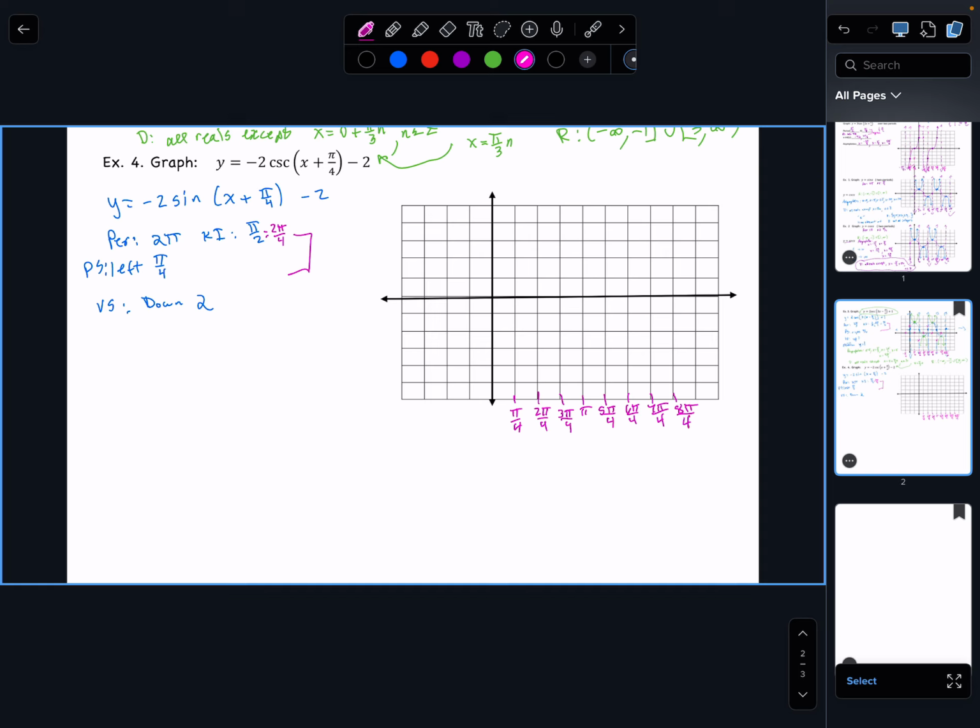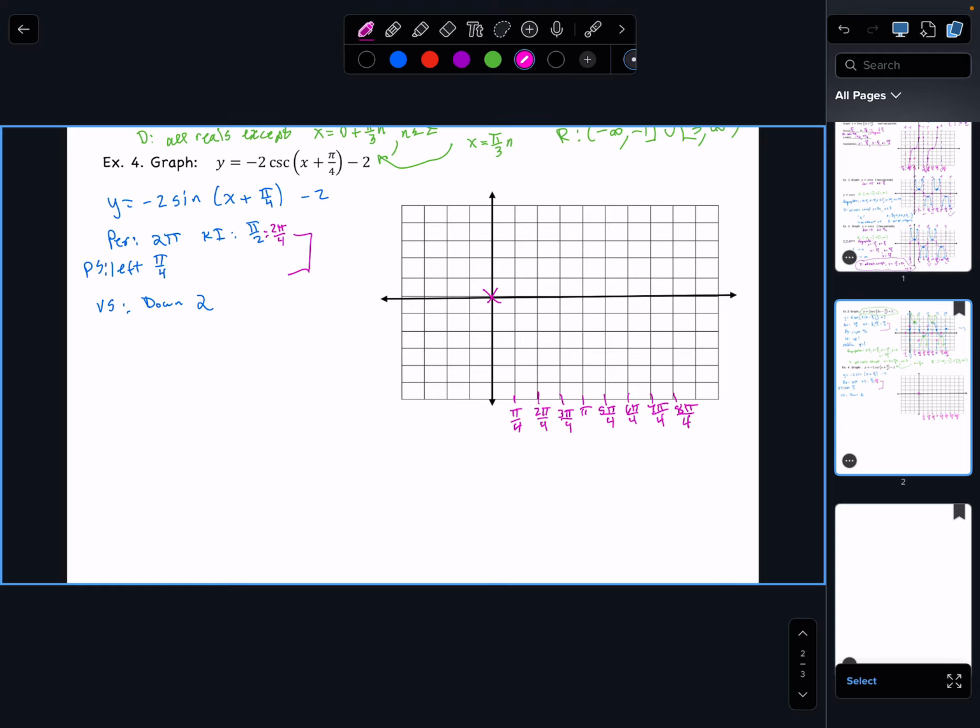And for this one, we're just not going to get 2 full periods on here. We're just going to do it for 1. And sine starts at 0. And remember that the key increment is 2 boxes.